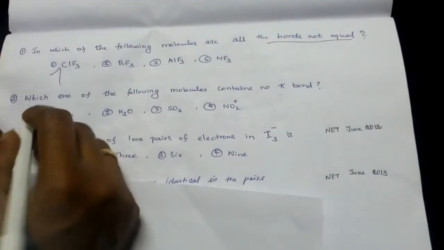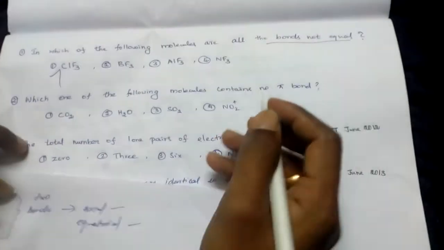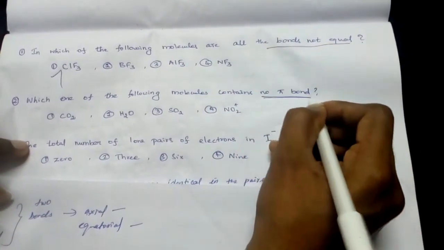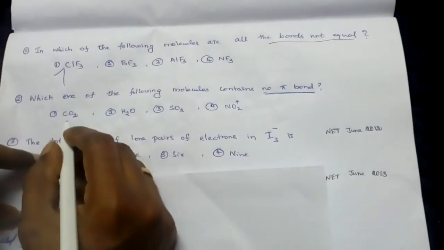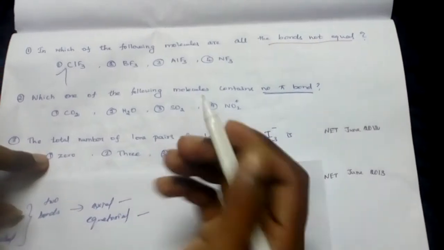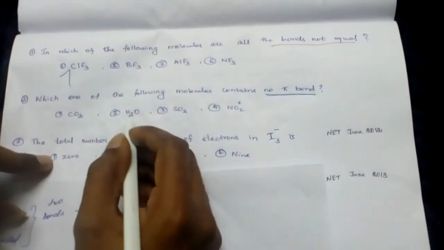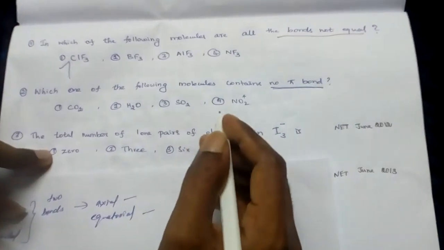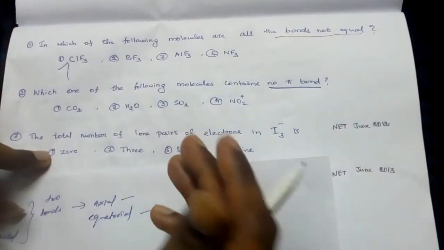Next question: which one of the following molecules contains no pi bonds? They ask about pi bonds, that is, double bonds or triple bonds. The options are C double bond O, H2O, SO2, and NO2. If you know chemical bonding, you can apply the concept and answer the question.